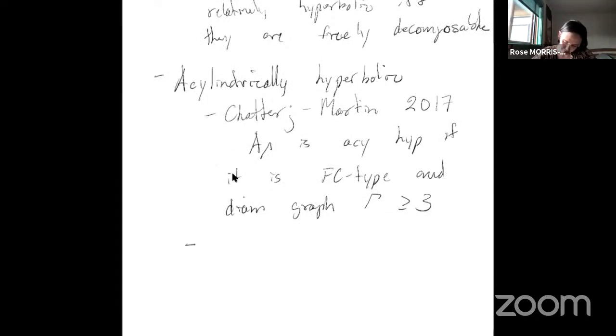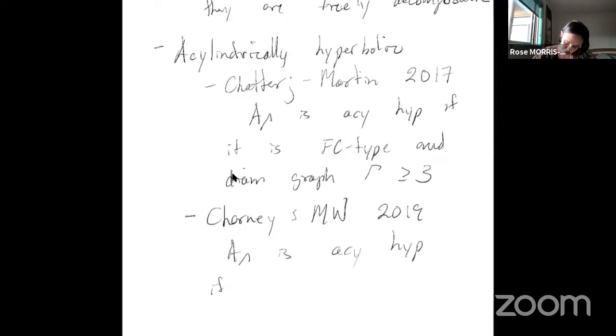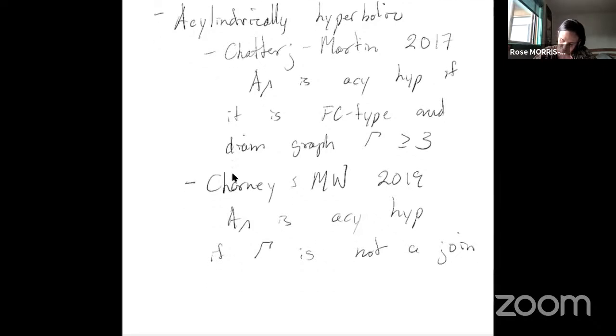And then there are some other partial results here, by Charney and myself, actually, in 2019: A gamma is acylindrically hyperbolic if the graph gamma is not a join. Sorry, the last two results assume finite FC type. This one does. This assumes FC type. This one is just in general.